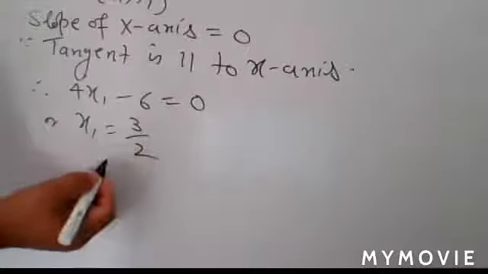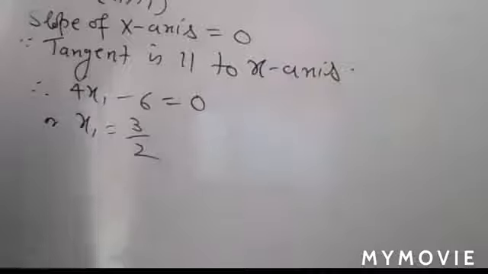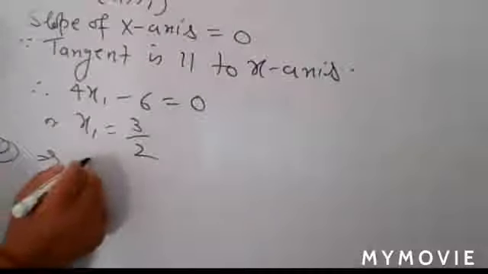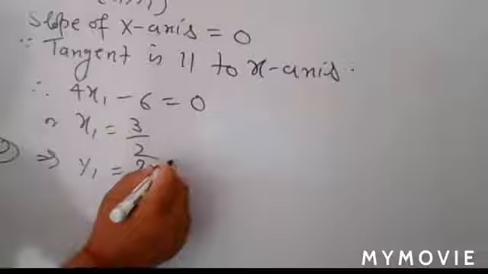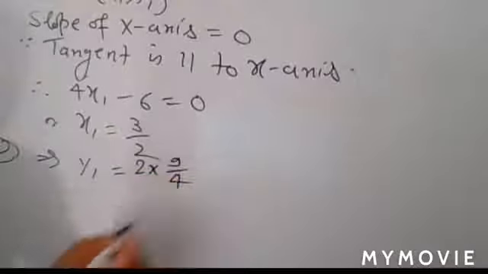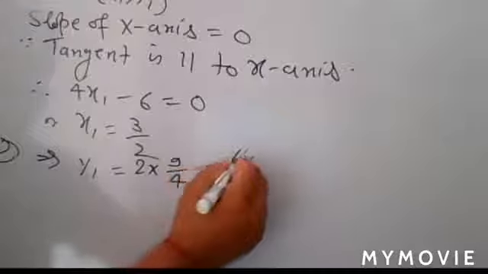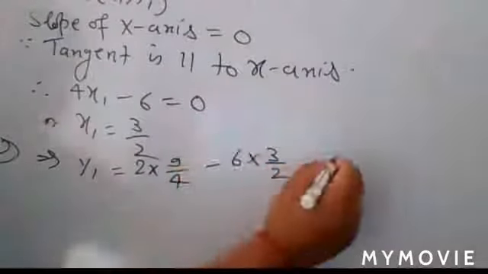Now putting that value of x1 in equation 2. So if you are putting in second equation, you have y1 is equal to 2 times 9 upon 4 minus 6 into 3 by 2 and minus 4.